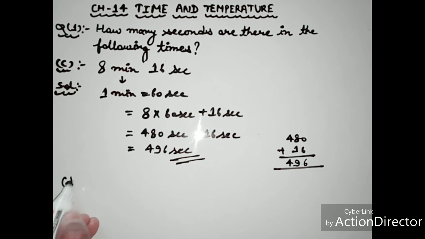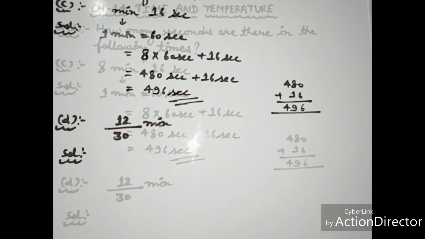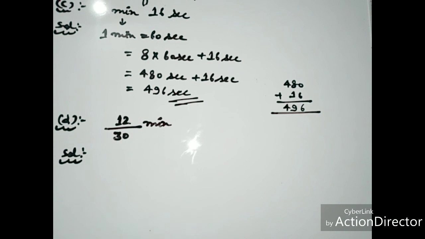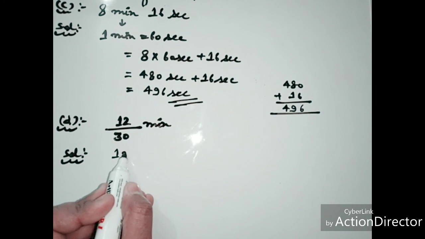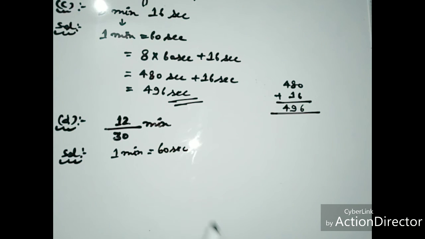Now example D. Here we will convert 12 upon 30 minutes into seconds. 1 minute equals 60 seconds.